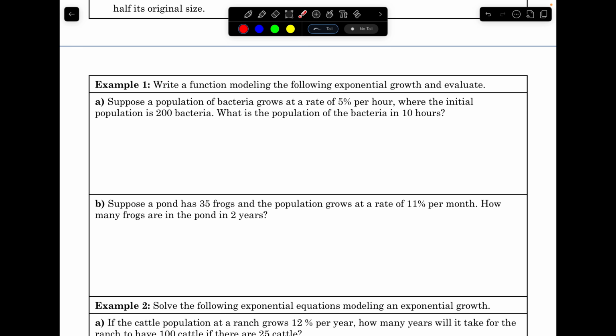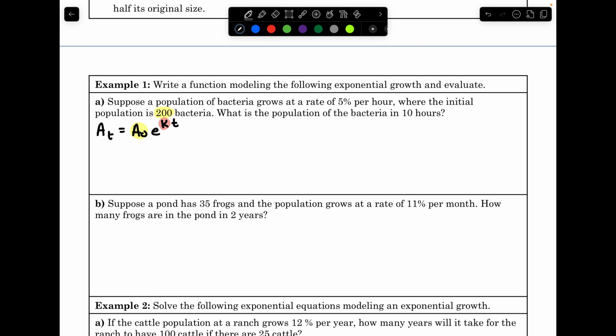Well, first we need the model that represents this situation. So using this formula, we're going to type in the corresponding values. A sub 0 is our initial amount, which is 200 bacteria, and the only other value that we need is k.